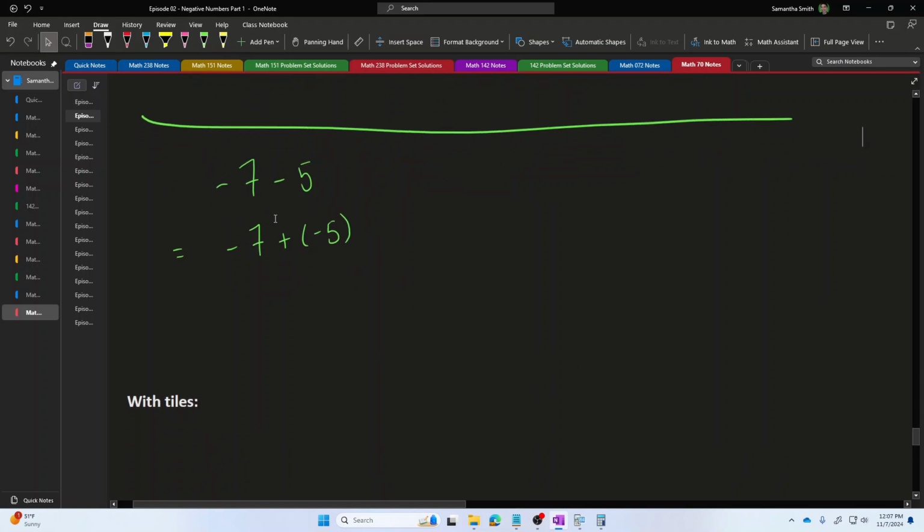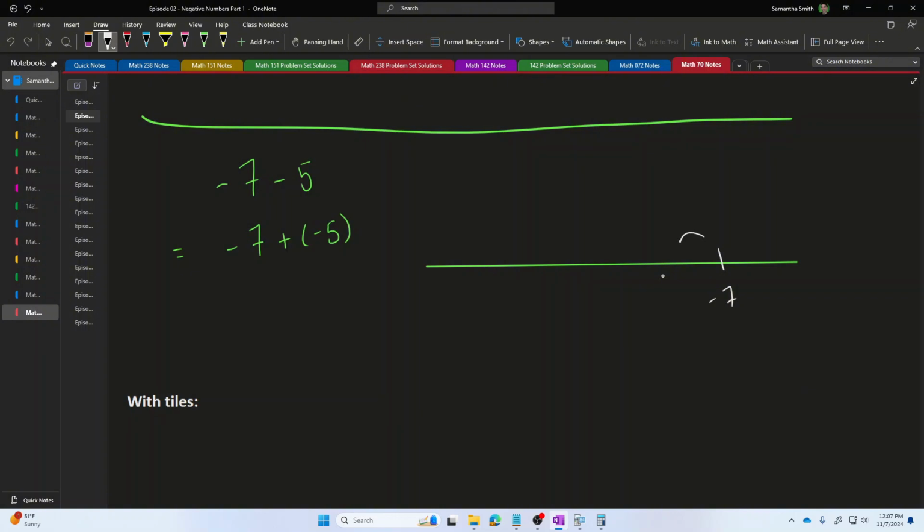Now, we can add this opposite using, for example, a number line. If I want to add negative 7 and negative 5, I would start at negative 7 and then I would go 1, 2, 3, 4, 5 units in the negative direction. Negative 8, negative 9, negative 10, negative 11, negative 12.